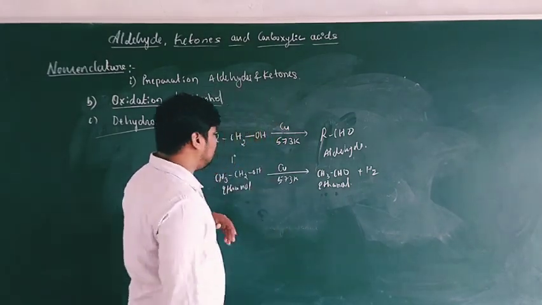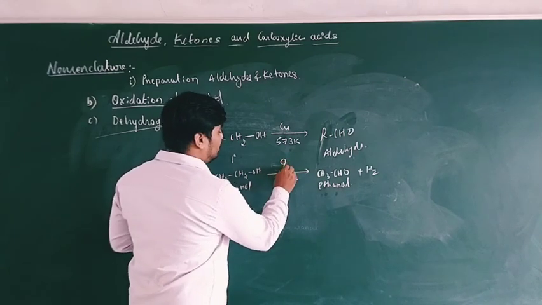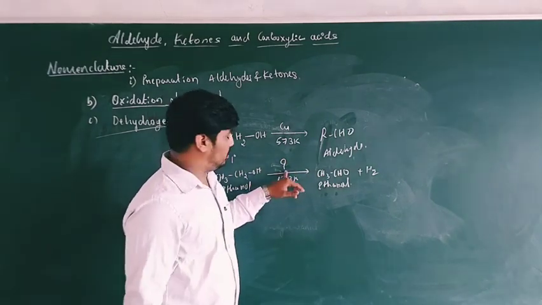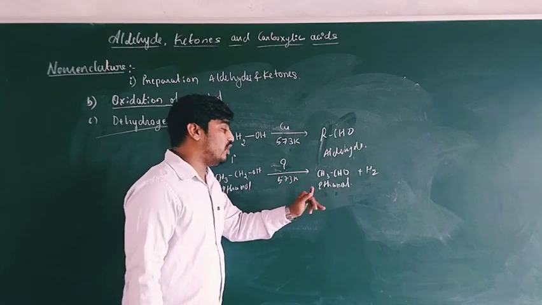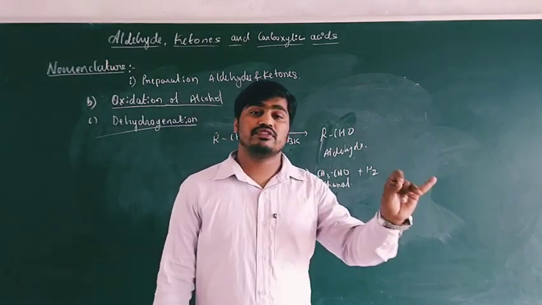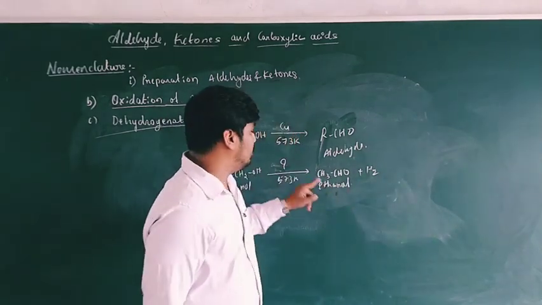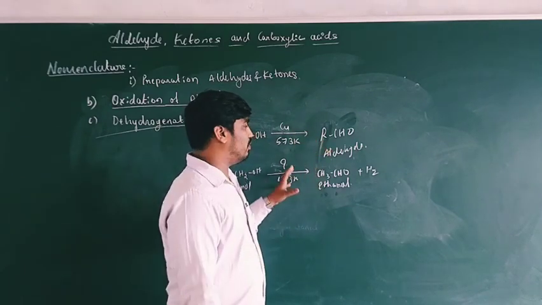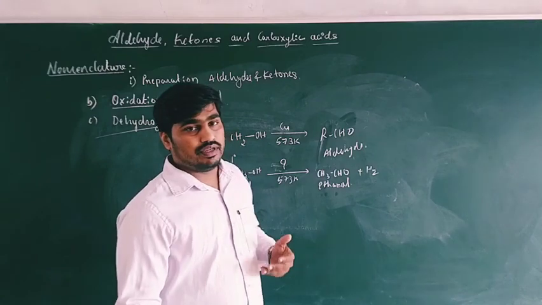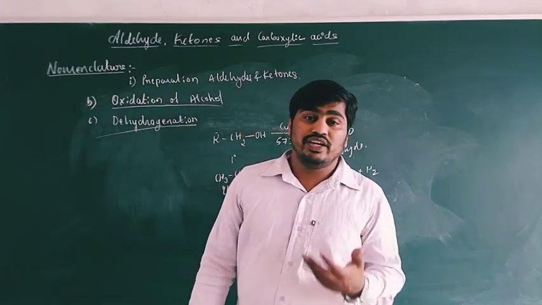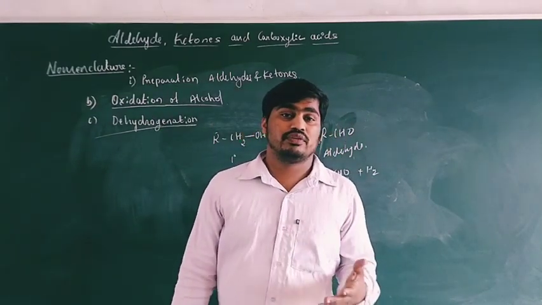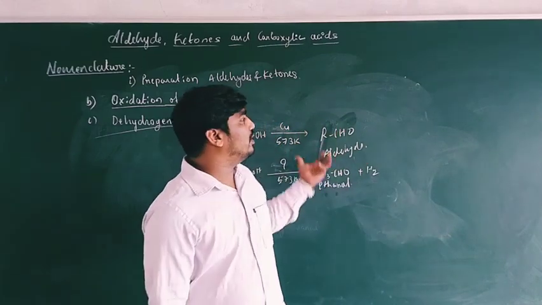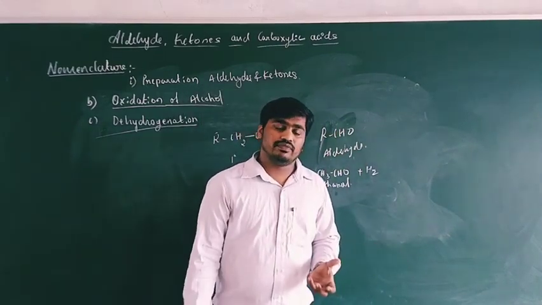Or another possible question: ethanol gets converted into ethanal in the presence of dash, in the presence of copper or silver. Okay, so these are very important concepts. In the next video, we will discuss the specific reactions of preparation of aldehydes and ketones. So this is the common preparation method. Okay, thank you for watching.